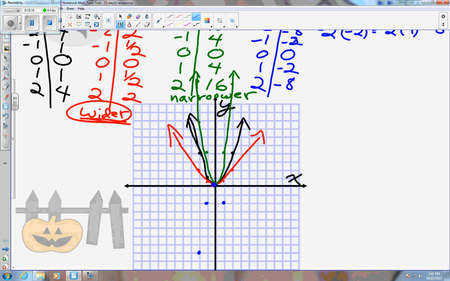Positive 2, negative 8. Okay, so when I draw my curve, that way. So this one you're going to do 2 changes. First, you're going to say it opens down.